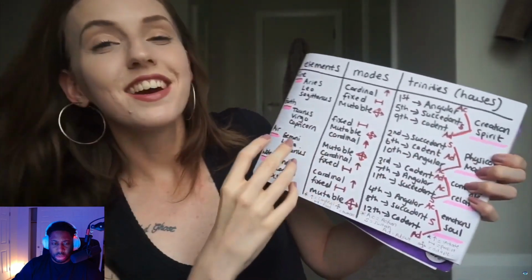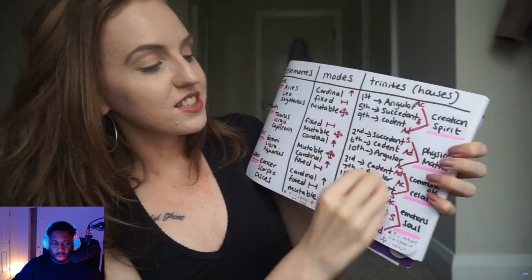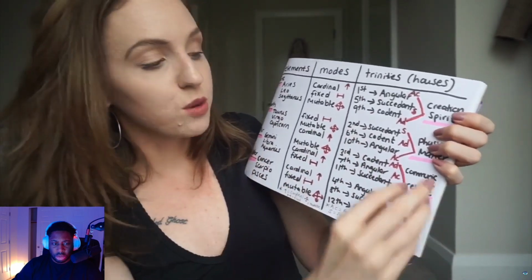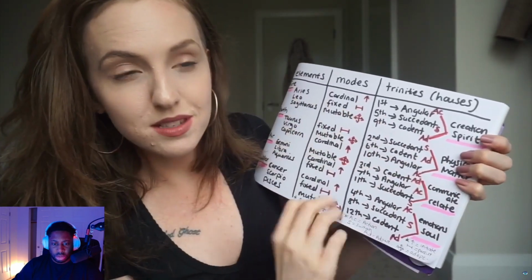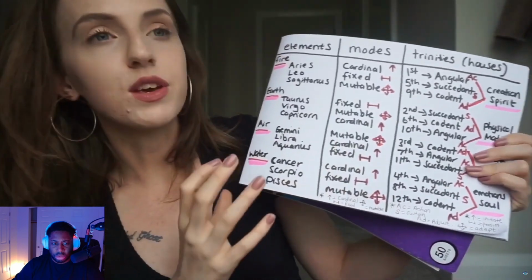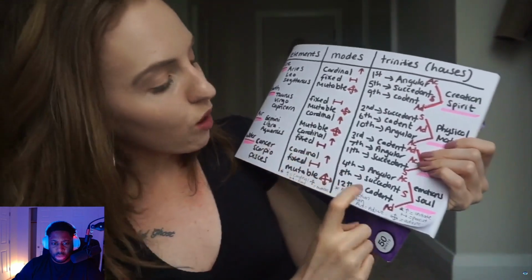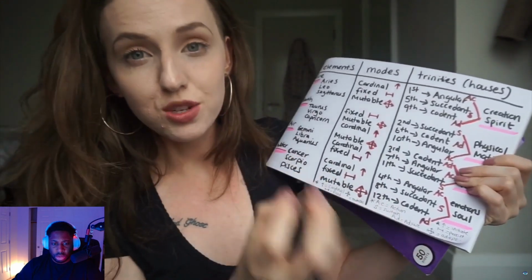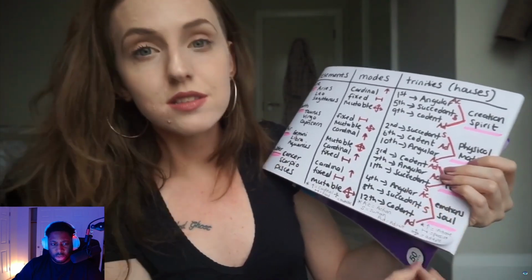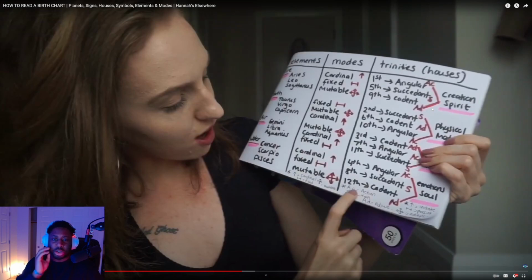We've got the air signs and the air houses, to do with the trinity of communication and relationships. And lastly, we have the water signs and the water houses, and that's to do with the trinity of emotions and the soul. Wait, where's Leo? Oh, Leo is creation. I always try to figure out where Leo is because I know a lot of Leos.